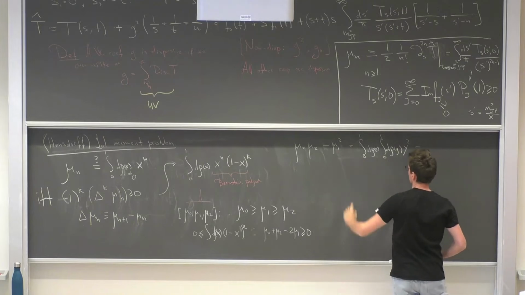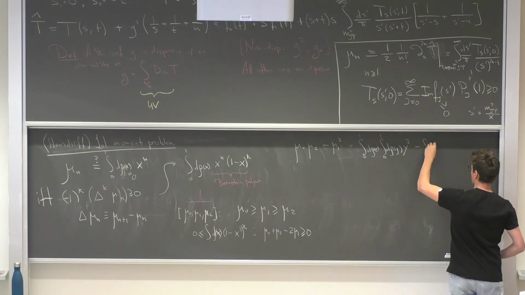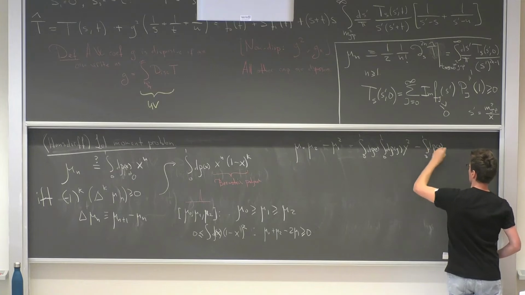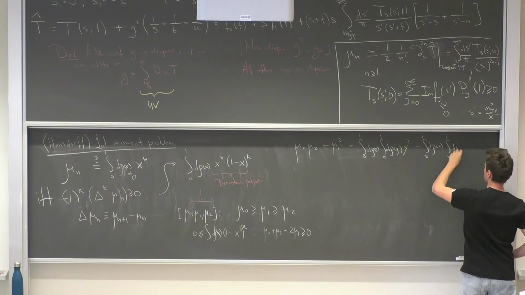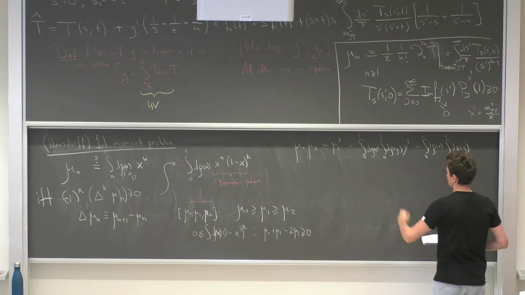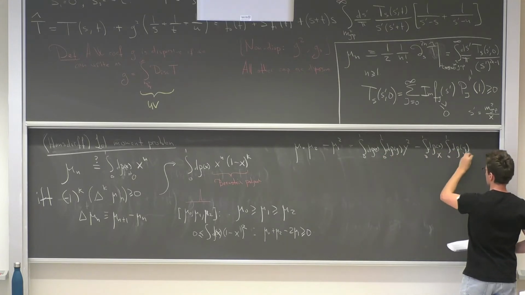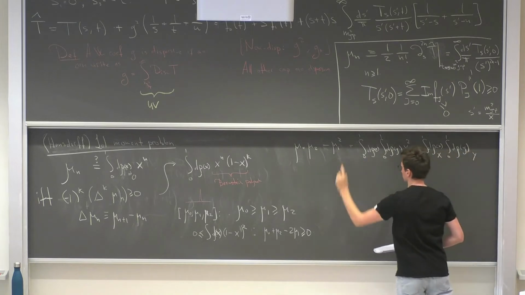And let me write this m1 as the integral over x and over y. Here of course I put x and y. This is because it's m1.